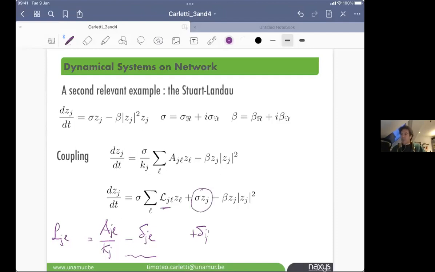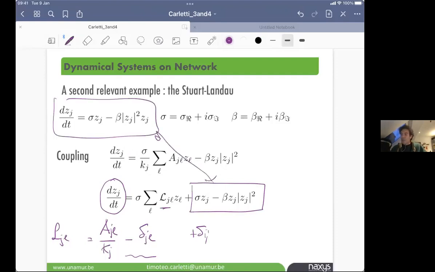And so now what I have is that the evolution of Z in the coupled system is the isolated system. This is exactly the system that I just studied, to which I add this part, which is the coupling.